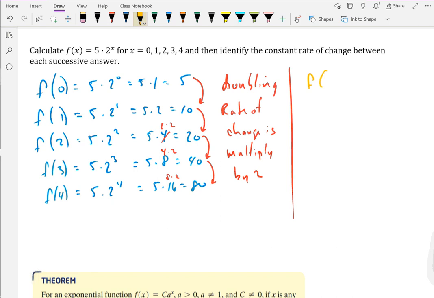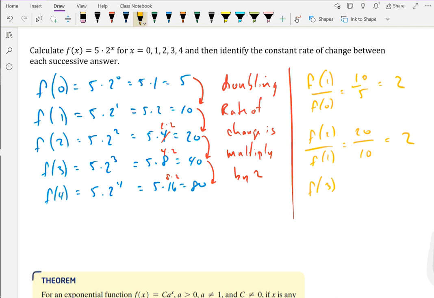Another way that we can see that is to ask, what was f of 1 over f of 0? If we're doing the rate of change, we need to take a look at the ratio. In this case, that was 10 over 5, which is 2. If I take a look at f of 2 over f of 1, just successive values here, f of 2 is 20, f of 1 was 10, so that's 2.